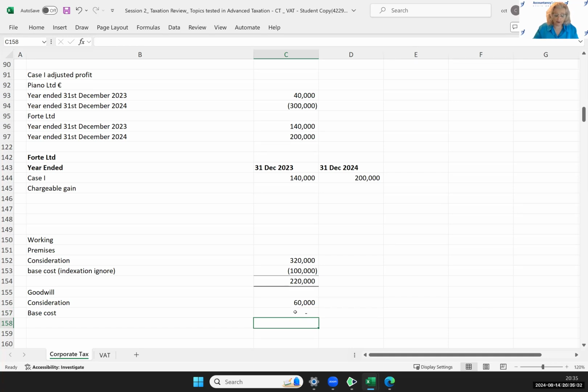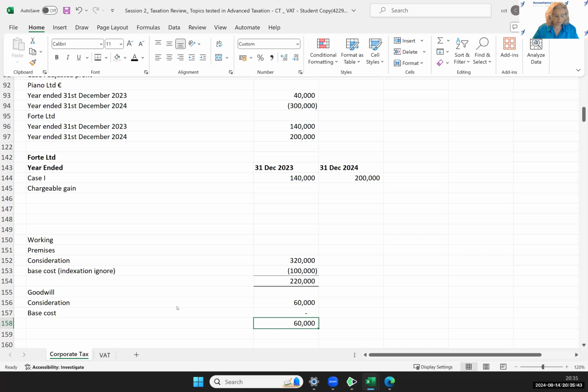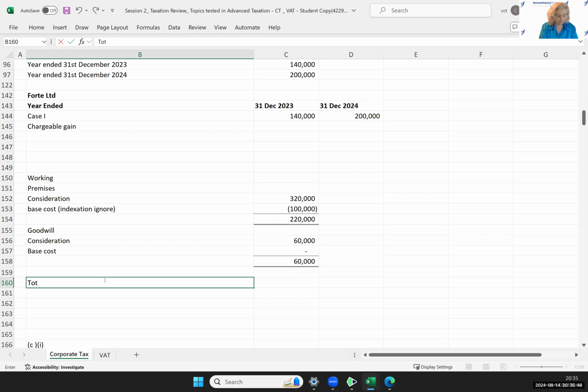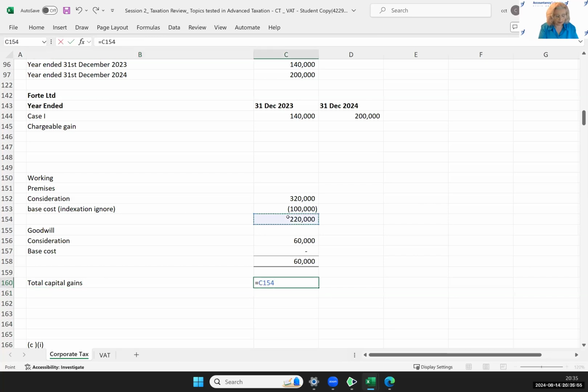We didn't buy that goodwill. We generated it from carrying on the business successfully. So we've got a gain on disposal of the goodwill of 60,000. So the total capital gains: 220 plus the 60,000. And that's capital gains. We need to, was it, 40, thank you.